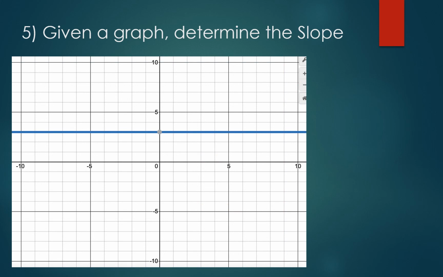Lastly, horizontal lines. Similarly, they have a 0 slope. Reason being, if we pick any 2 points using the y-intercept and some other random point, this point here is (0, 3). This point here is (3, 3).